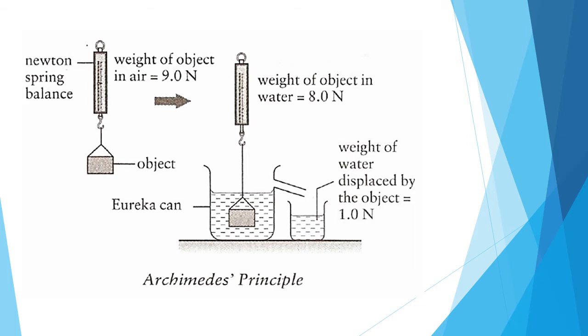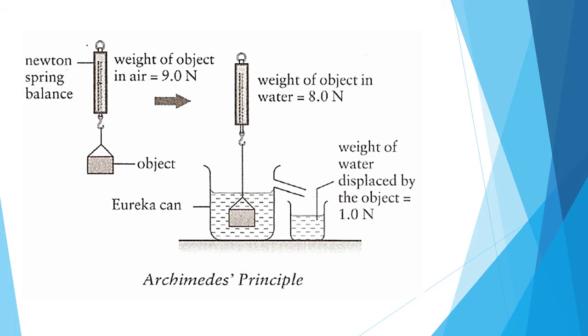Okay, now look at the object. This object in the air has a weight of 9 Newton. But when this object is placed in the fluid, water, you can see now the weight of the object is 8 Newton. That means you lost weight, right?